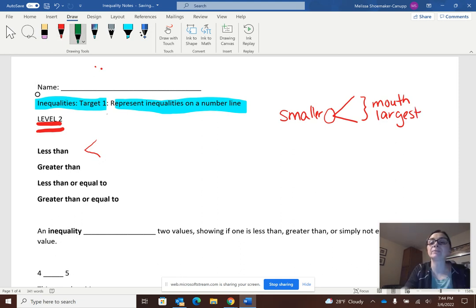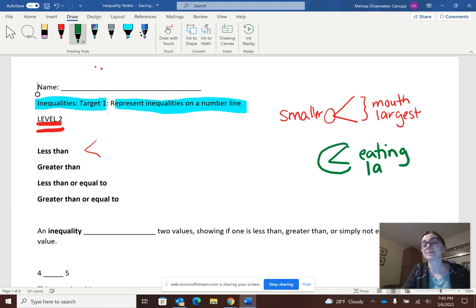Okay, now some of you may have seen this in elementary school where they talk about a Pac-Man eating the larger number, or an alligator. There's lots of different little tricks that you can use to remember. I always remember the mouth or the big part is always open to the largest number.